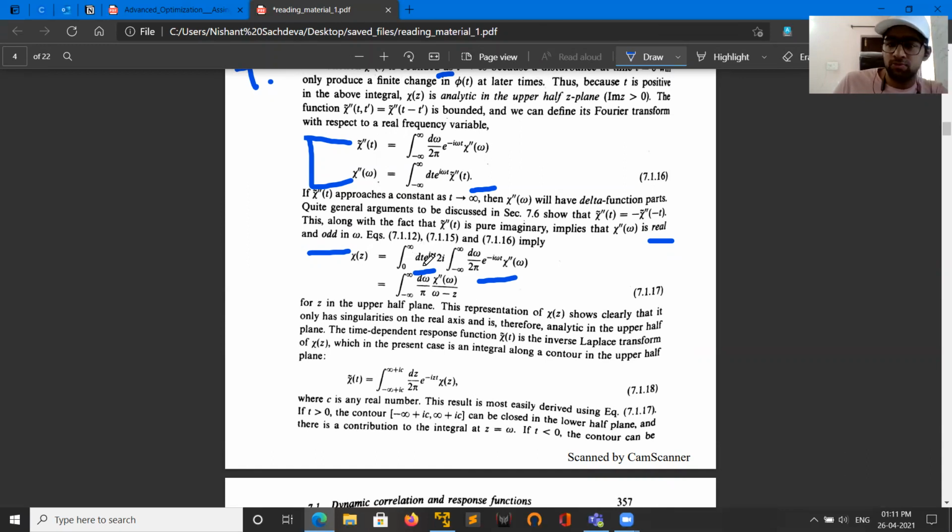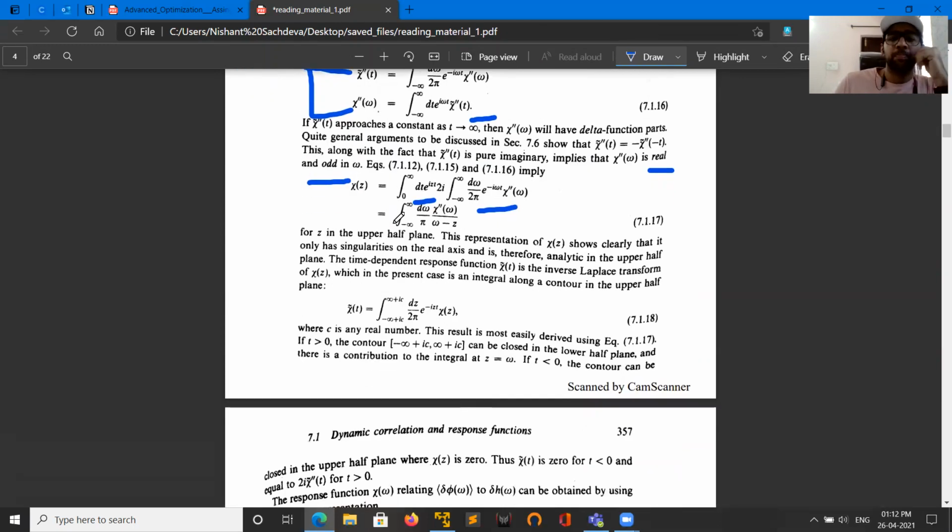The π and the 2 can be moved out straight away. You do a bit of an integral with respect to ω, and then you shift terms around, and then you get the last integral. Now, this representation of χ(z), let's say it's χ(z) for now because there's no other χ(z), so just keep it simple.